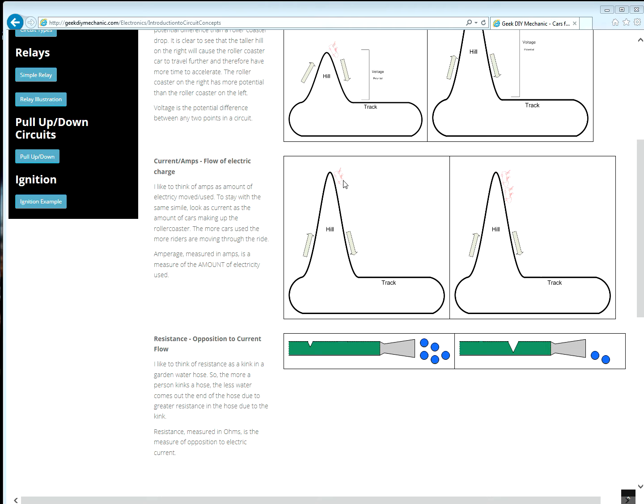If you notice, there's one car here and there's 2 cars here, allowing 4 riders through versus 2. So that means more people can go through the ride at once, meaning the ride is able to perform more work, the one on the right, because more riders can go through it per cycle.